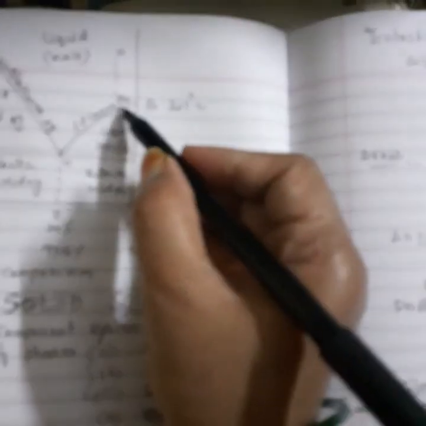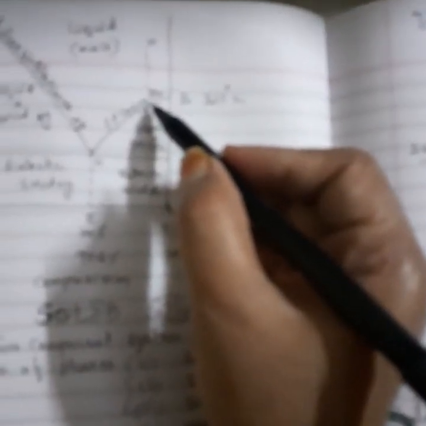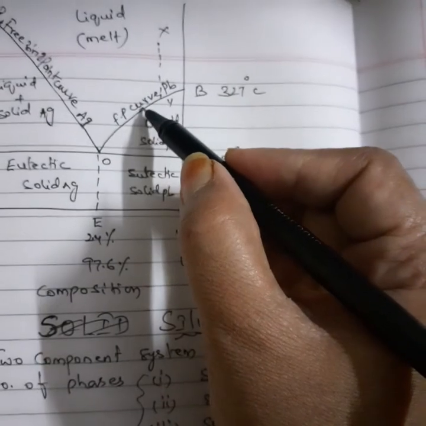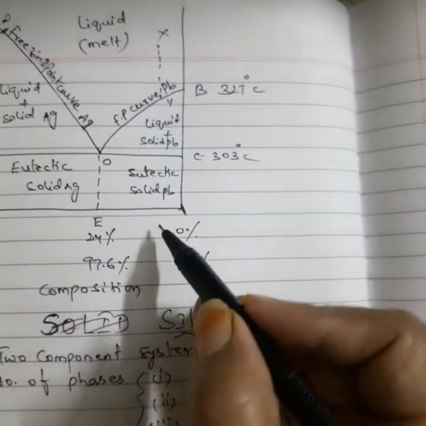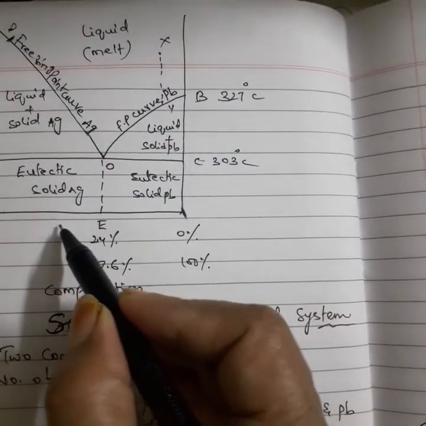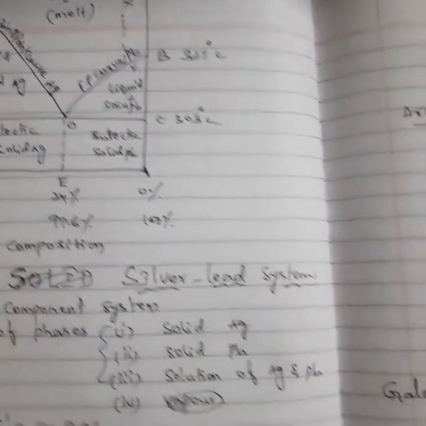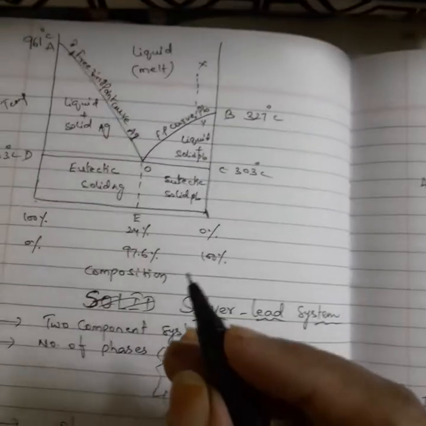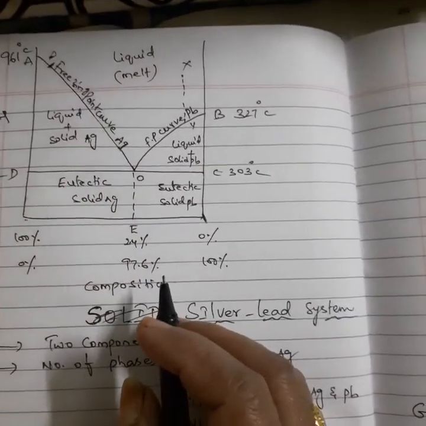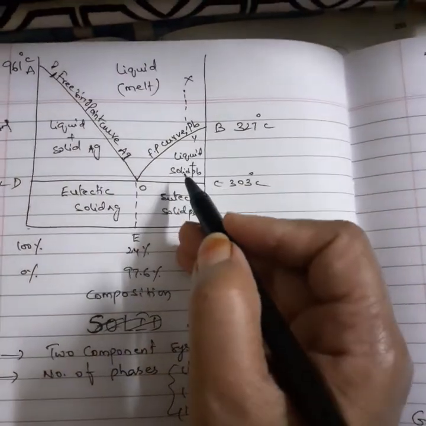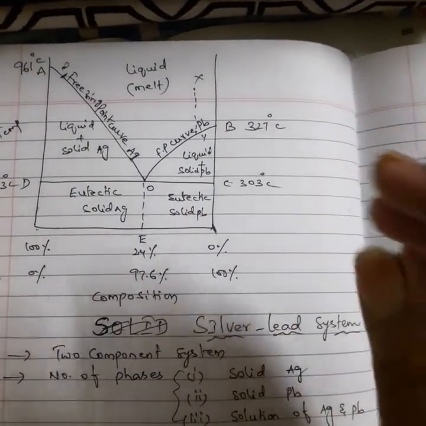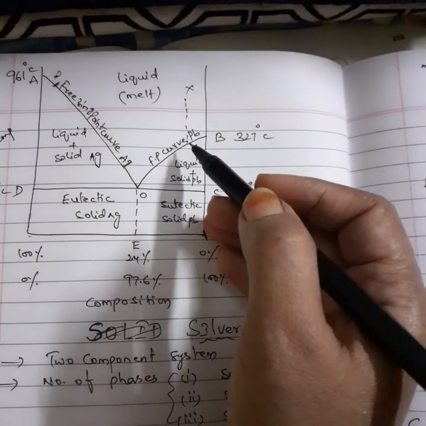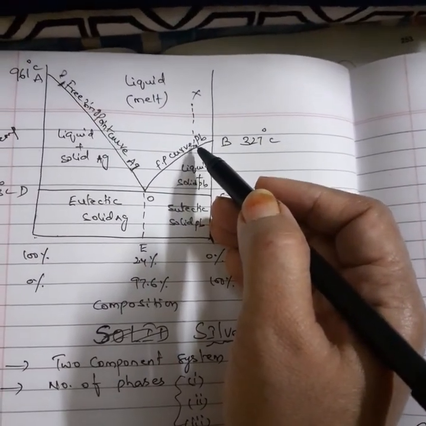Now again on cooling, the curve goes from Y towards O, so that the composition of silver is increasing. Even yesterday I told you, composition differs with the amount. As the lead is changing into solid, in the remaining liquid the composition of silver automatically increases.